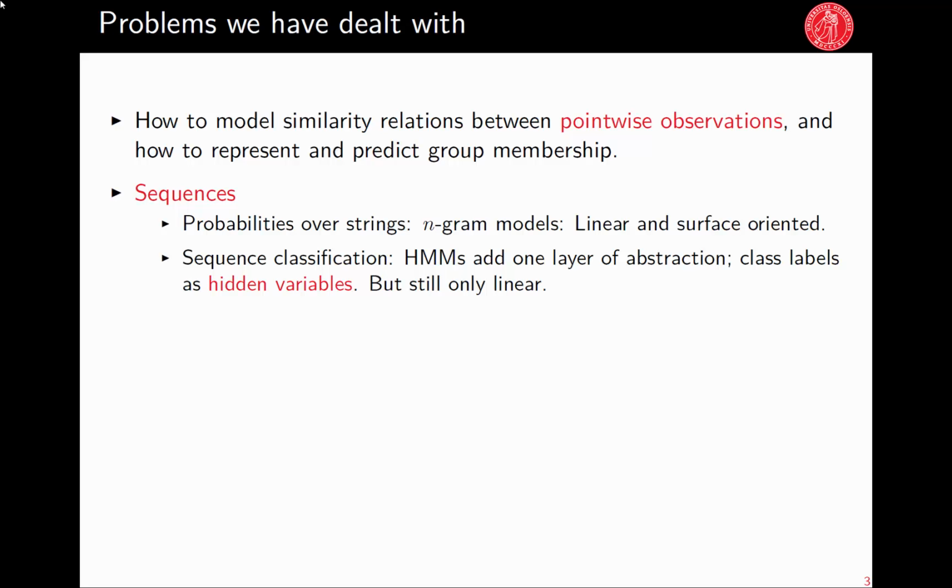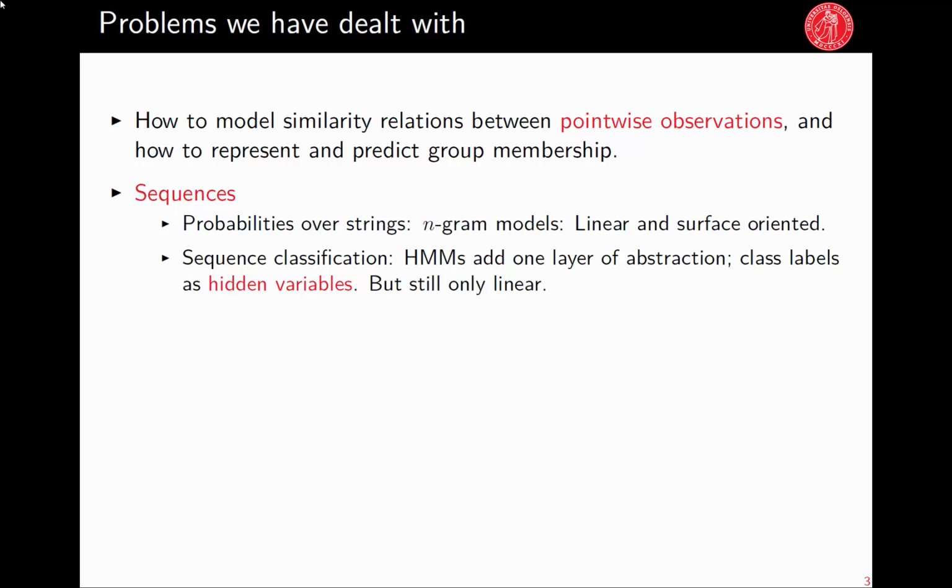So we moved from individual words, as our example, to strings of words or sequences of words. And also when doing classification, we did sequence classification instead of point-wise classification. So here we added two layers when we worked with sequences.